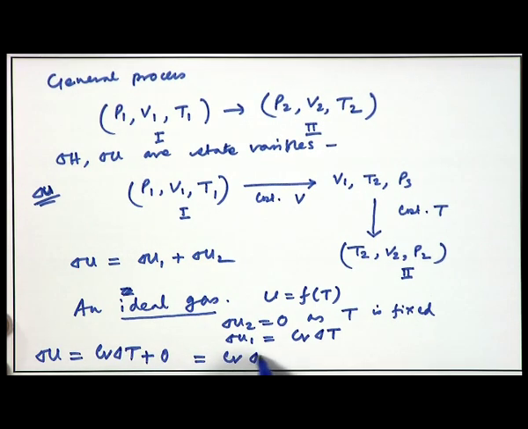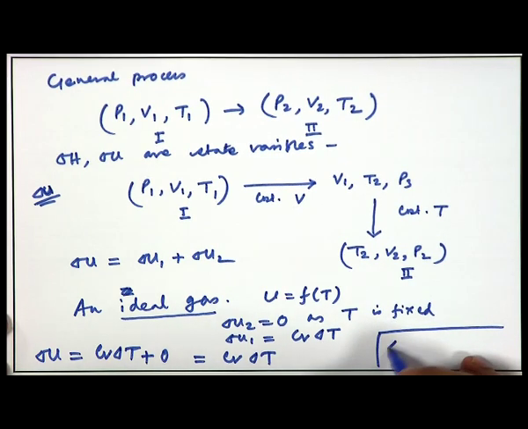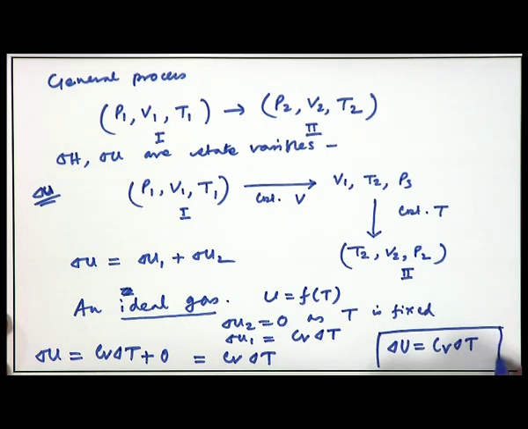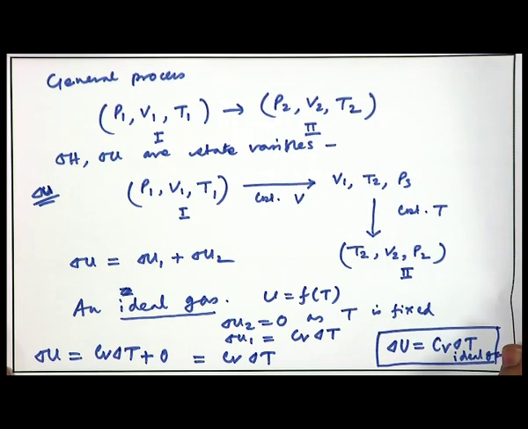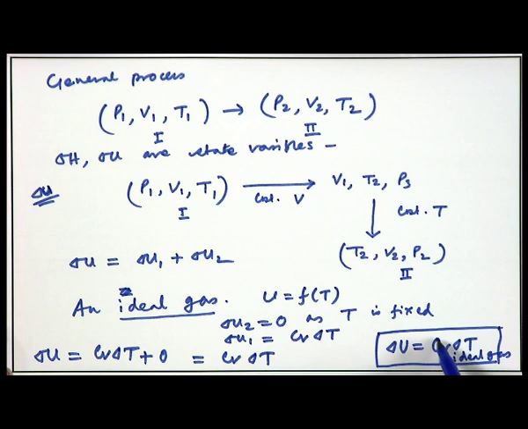So, we can write del U is Cv del T, that is only for ideal gas. This expression is only valid for ideal gas. Please do not confuse, this is not a general expression, and Cv is the heat capacity at constant volume.